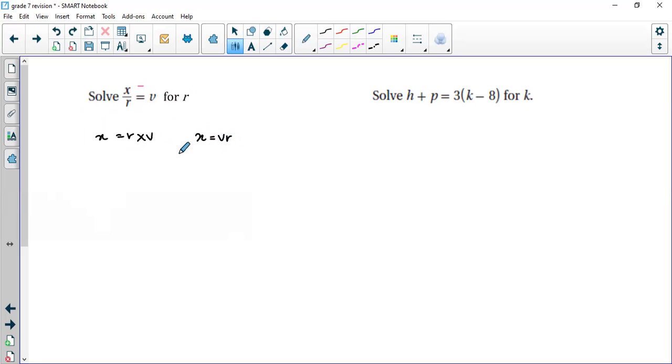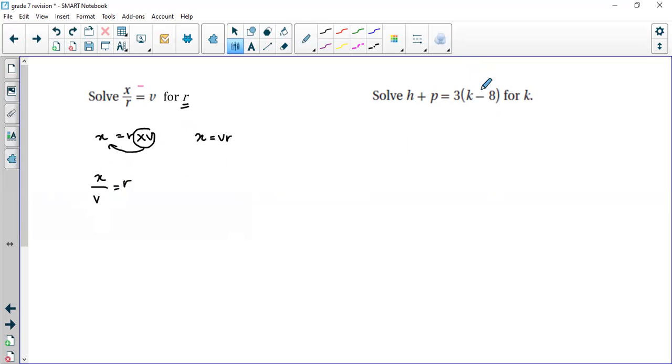It's the same. Okay, so which letter do I need to isolate? I need to isolate r. I need to keep r alone. So I need to move the multiplied v. When the multiplied v moves to the other side of the equation, what does that become? That becomes x divided by v equals r. It's easy. You only have to do one step and the next step will be the answer.